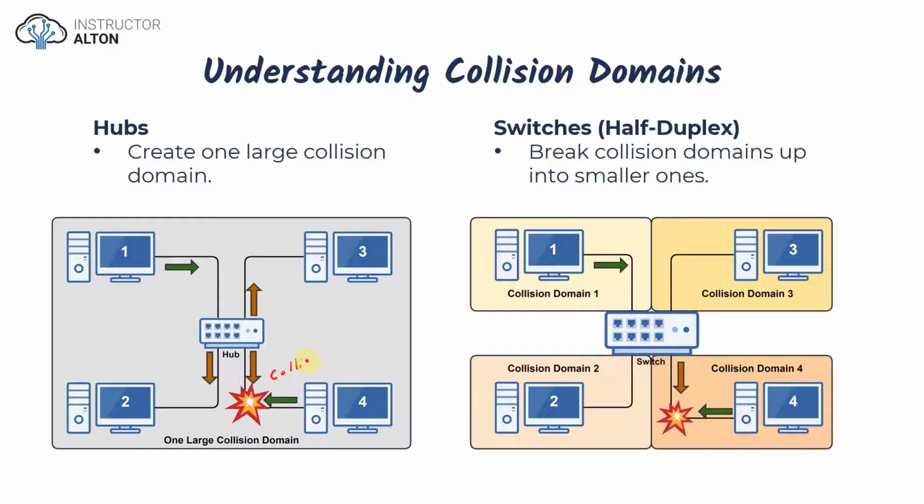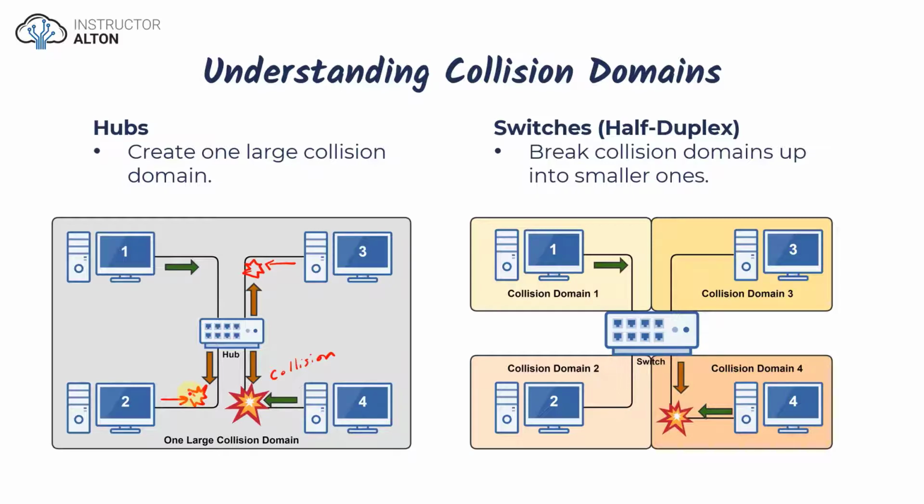And this is not the only issue, because if we replicate this, let's say that number 3 is trying to send data at the same time, again, another collision, right? And I'll just go ahead and kind of draw a collision right there as well. And then number 2, sending data at the same time, bam, another collision. So as you can imagine, this is a very small network.